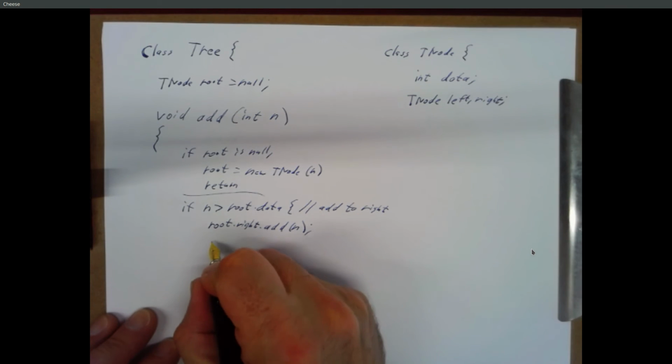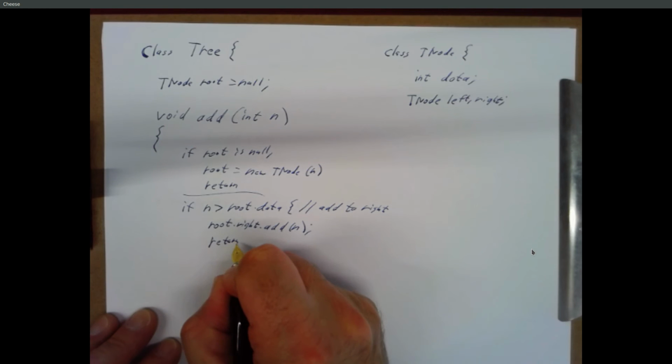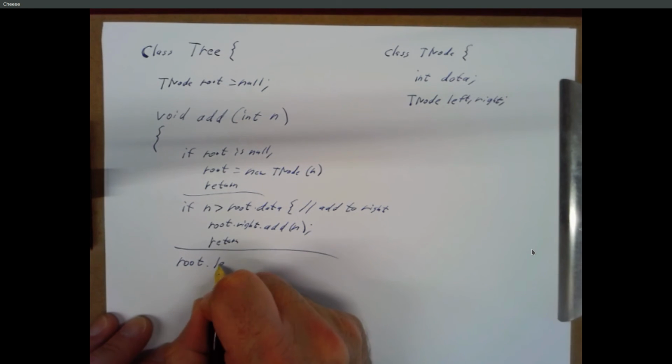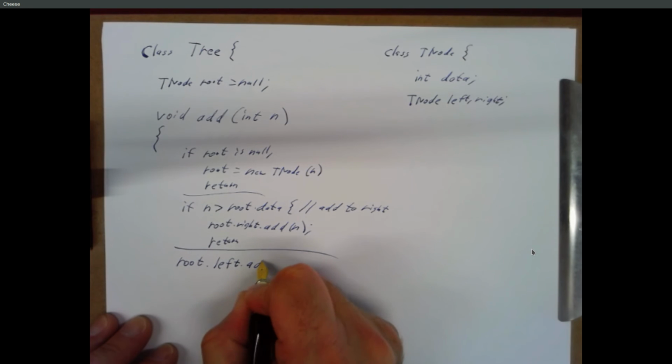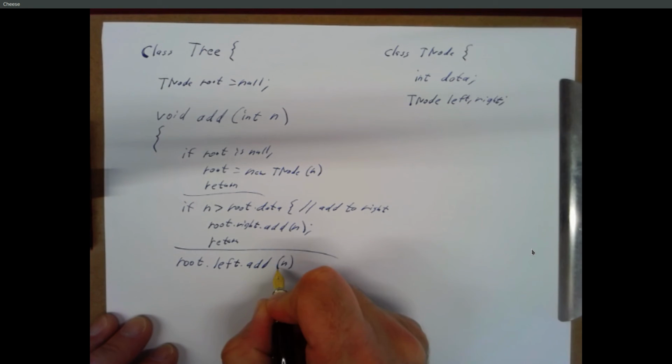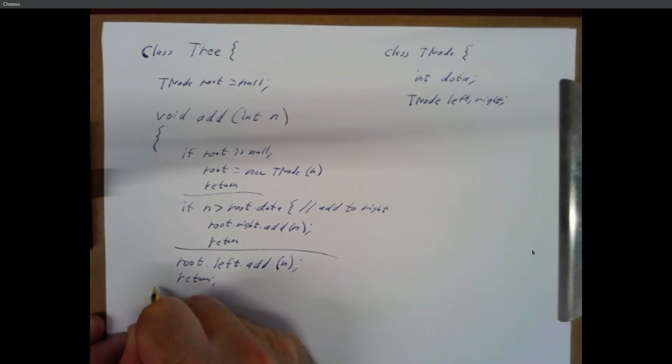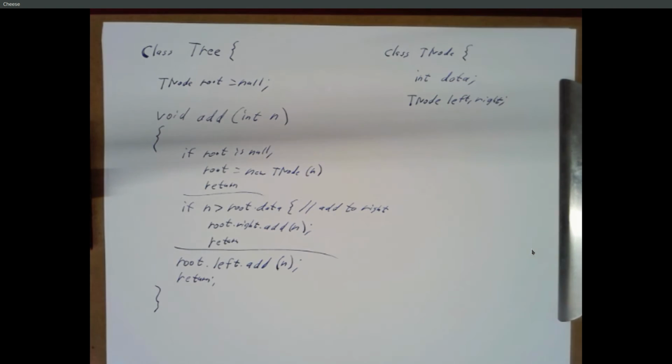And then we're done. Otherwise, root.left, call the add method, and you're done. So there's the add method for the tree class.